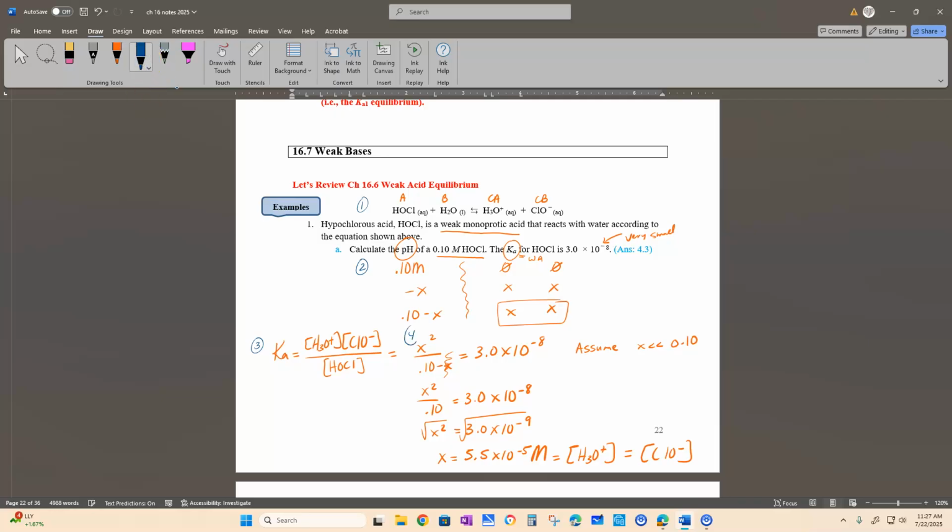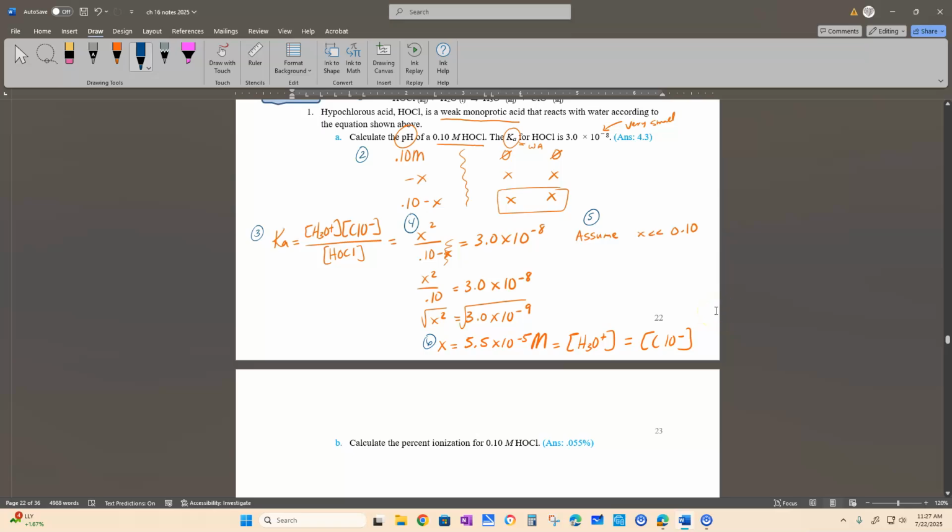Step number four, set up your expression and find your x. But if you make an assumption, you need to check your assumption before you can even think about pH. Checking the assumption is called percent ionization.